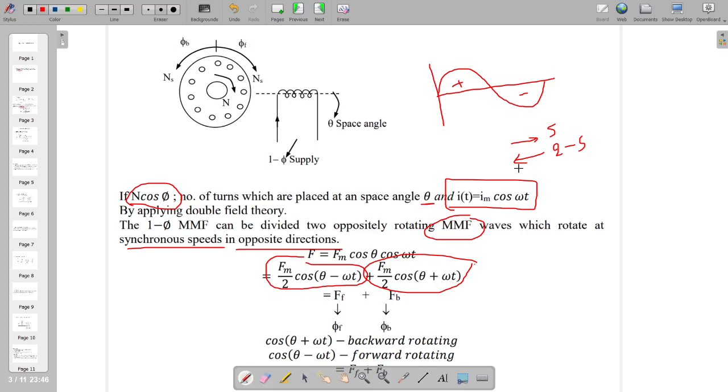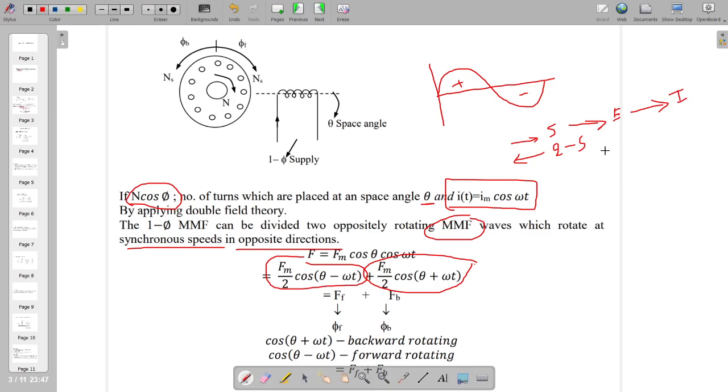Slip changes with the direction of rotation of the rotor, for example if the rotor rotates in the anti-clockwise direction. Because of that, the main field forward flux and main field backward flux will generate EMF internally. This EMF will create current in both forward and backward directions. Both are the same.